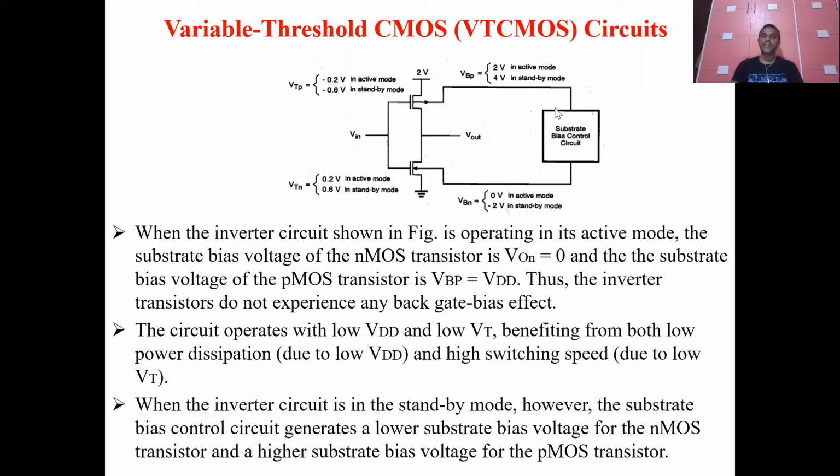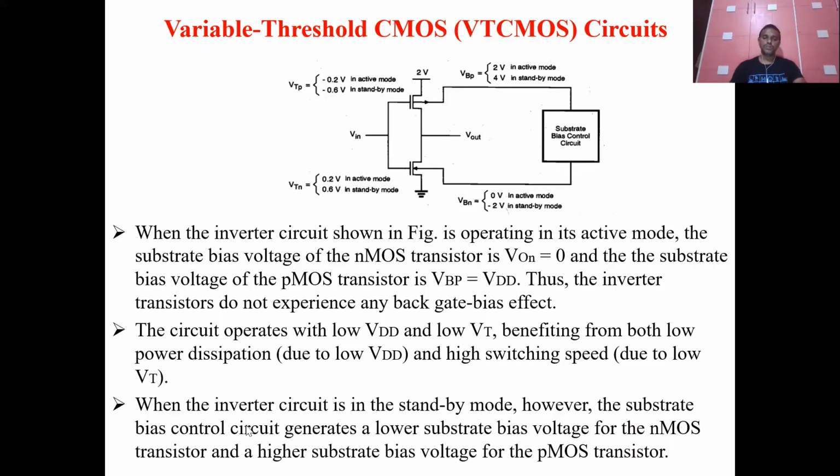Depending on the substrate bias control circuit voltage, the threshold voltages vary. By varying the substrate bias control, we are varying the threshold voltages of PMOS and NMOS. That's why this technology is called variable threshold CMOS circuit technology.